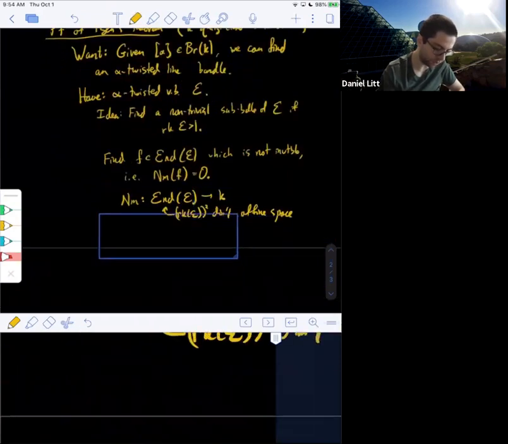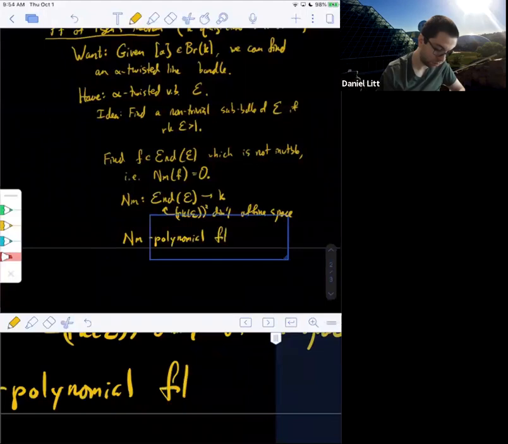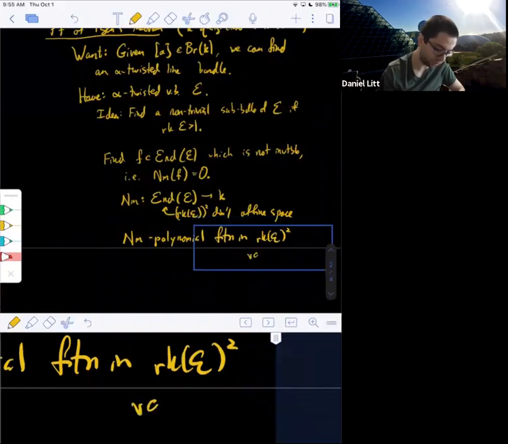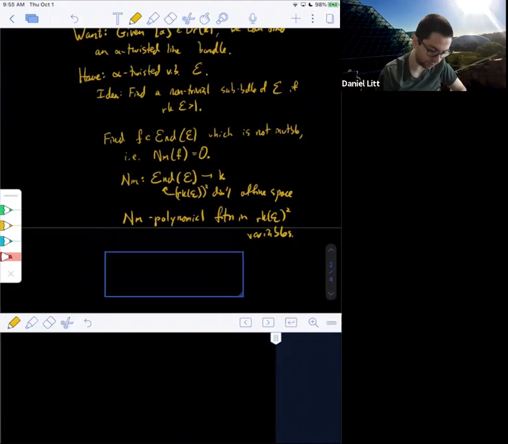So in other words, the norm is a polynomial function in rank of E squared variables. Okay, to actually check this rigorously, what you would do is extend K so that ND splits, and then norm just becomes the determinant. So the same argument tells us the degree of our norm function.